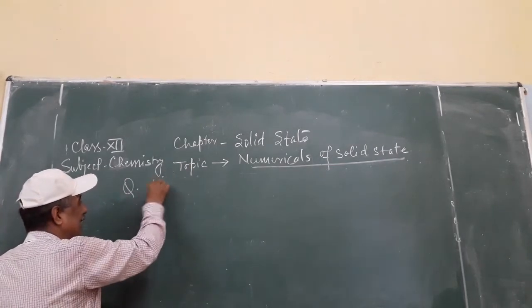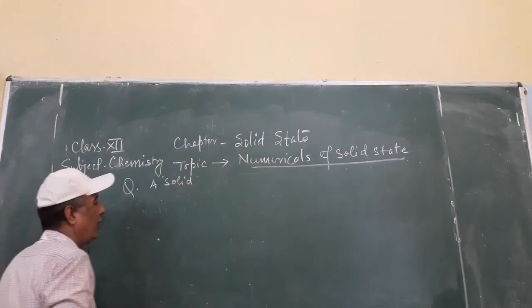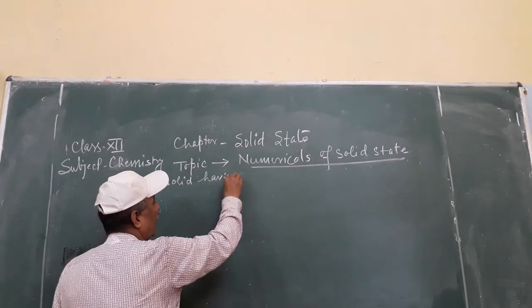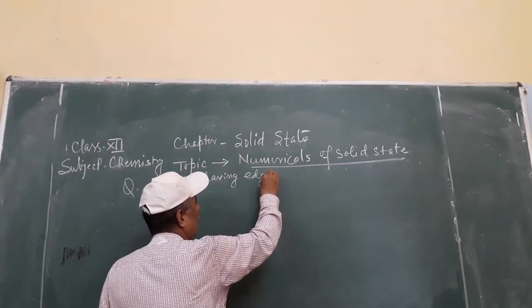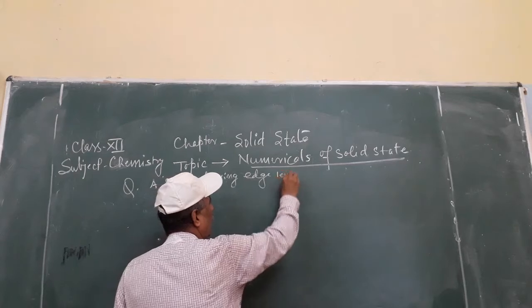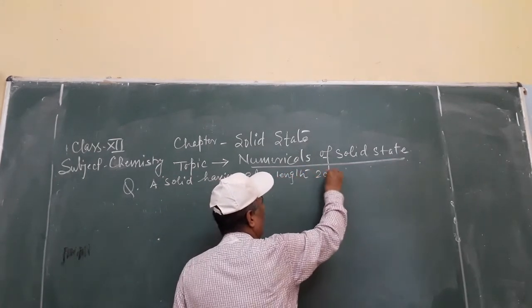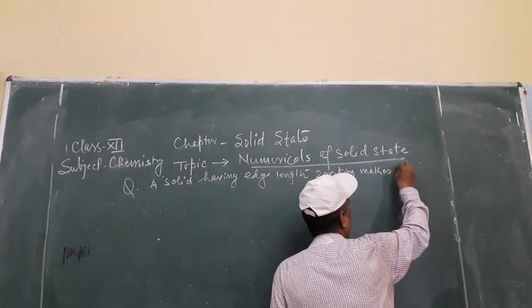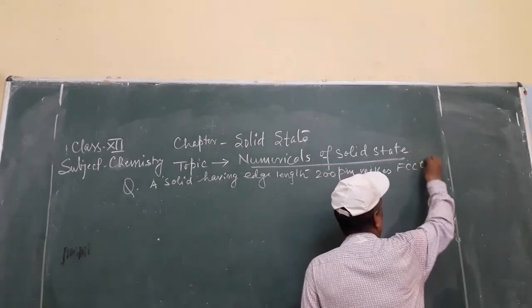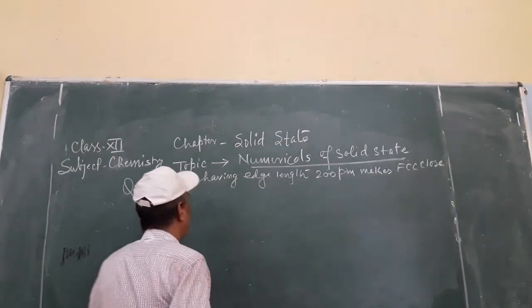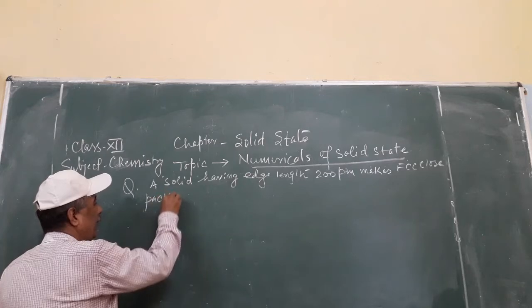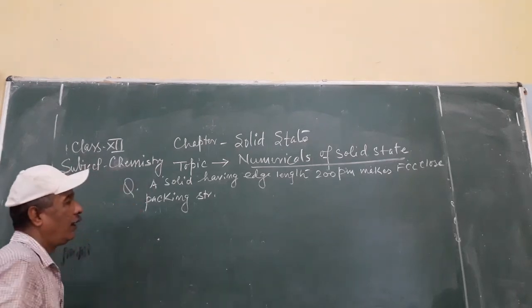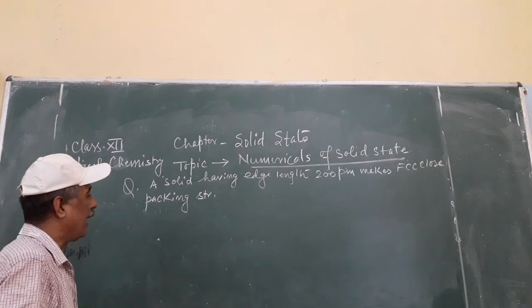So see, here the numerical asked is: a solid having edge length 200 picometer makes an FCC closed packing structure.